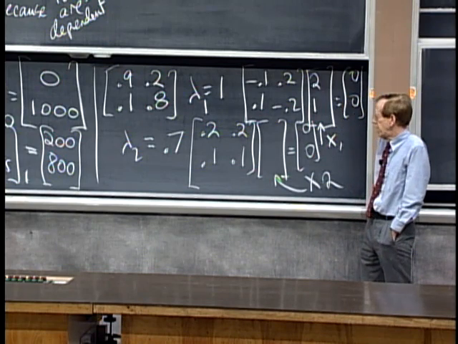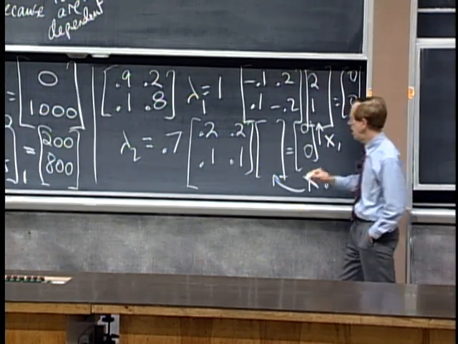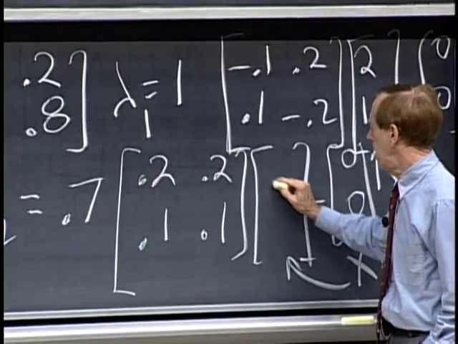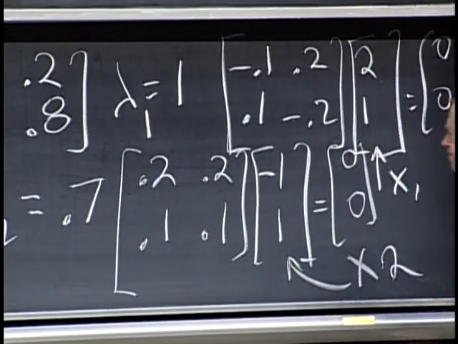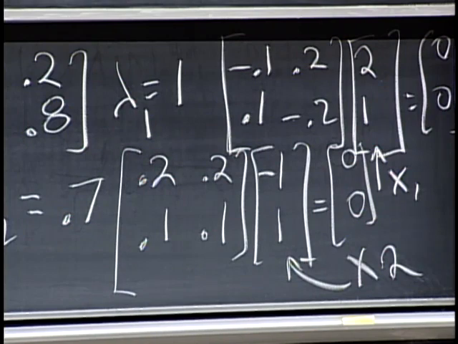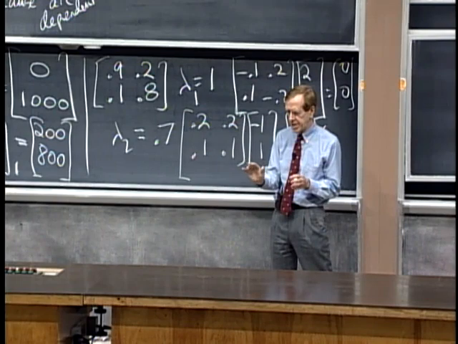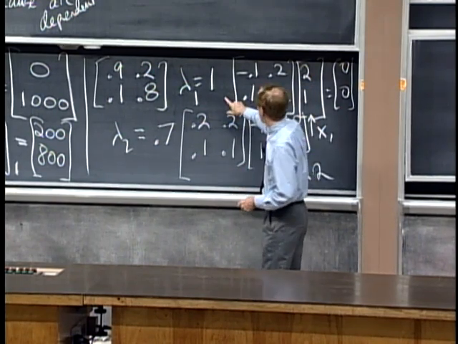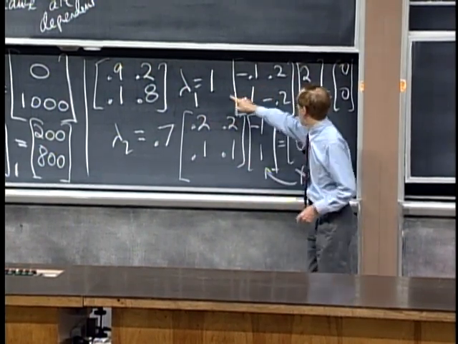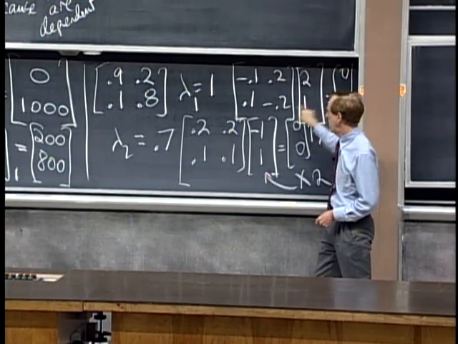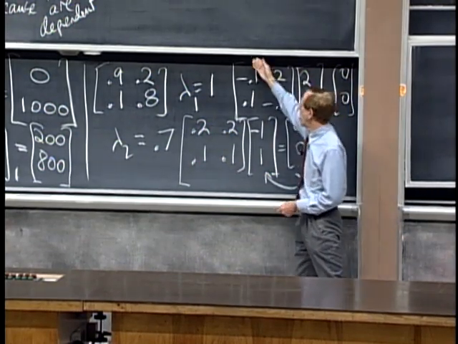That's certainly singular, so I know my calculation is right. It's 1 and minus 1. So I'm prepared now to write down the populations after 100 time steps. Remember the 1 goes with the 2, 1 eigenvector, and the 0.7 with the minus 1, 1 eigenvector.